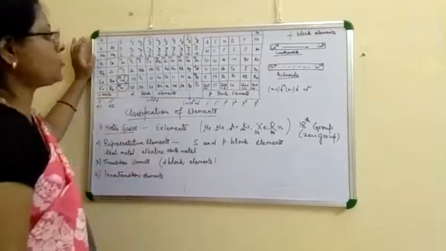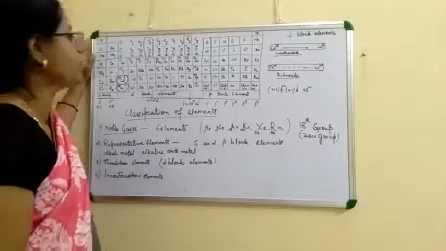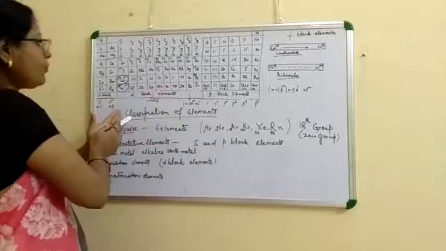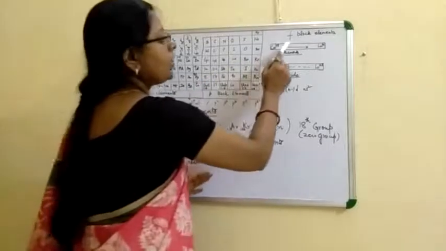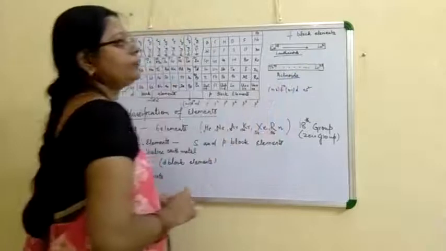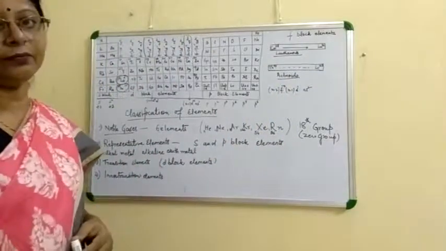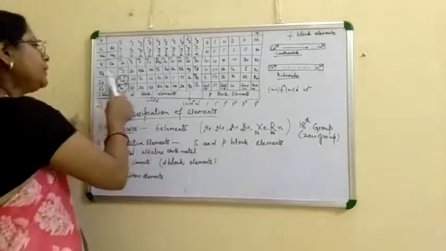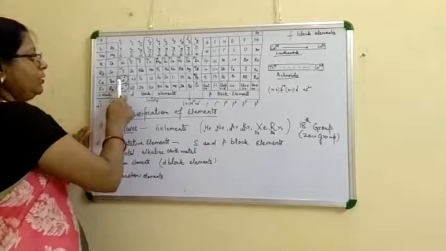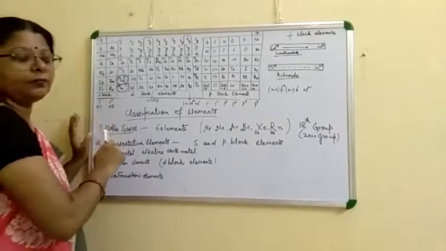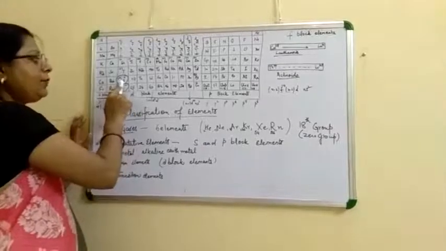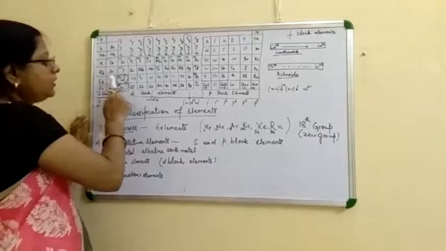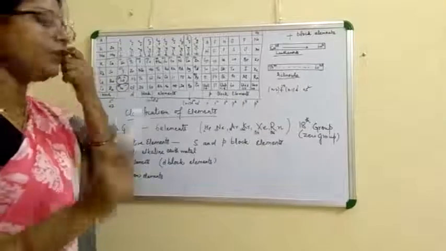The third transition series, which includes the lanthanides also, starts from lanthanum 57 and then in the same group it will contain cerium 58 to lutetium 71. All 14 elements are kept together in the third group along with lanthanum. So these 14 elements of the f block are also present here in the third transition series.